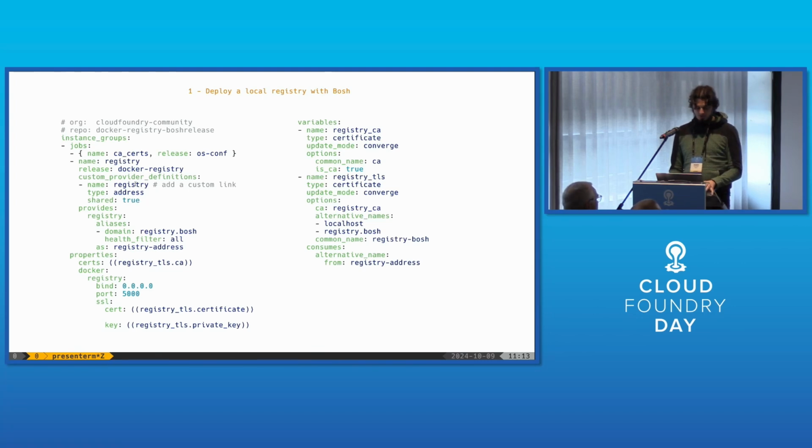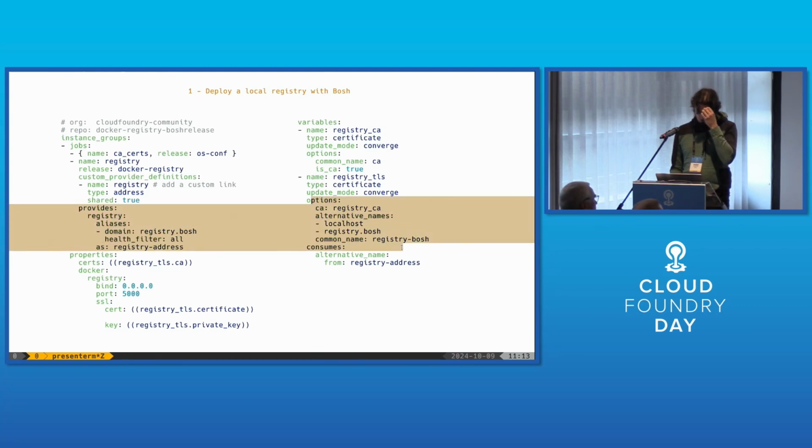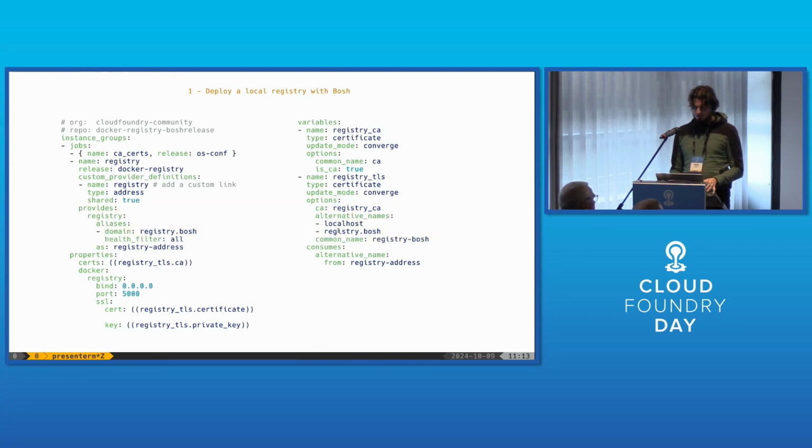Of note here is that it doesn't provide a link, but we are using a custom provider definition to add a link so that we can add an alias, because we want to be able to resolve it using Bosh DNS. And then we use this to inject the reference. Actually, we didn't need this part because we're using a static name, so we don't need the full Bosh DNS name. But I had it, so I kept it.